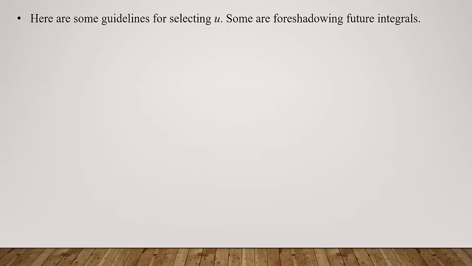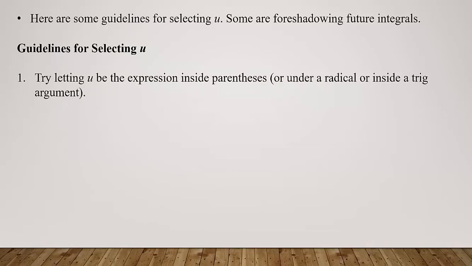So in my guidelines, I'm actually going to be foreshadowing some of your future work as well. So here's the guidelines I use for selecting U. Try letting U be the expression that's inside parentheses or under a radical or inside a trig argument. Try letting U be the expression that's in the denominator.